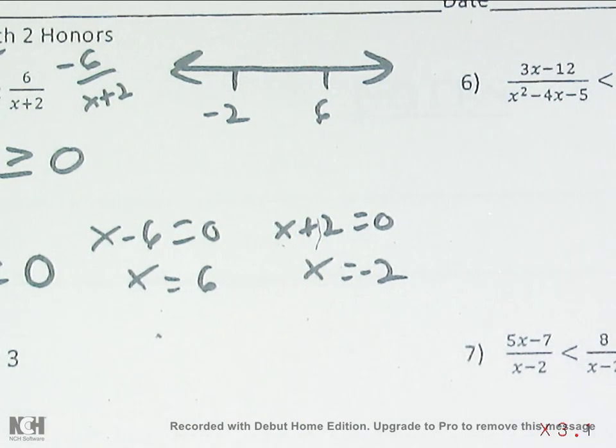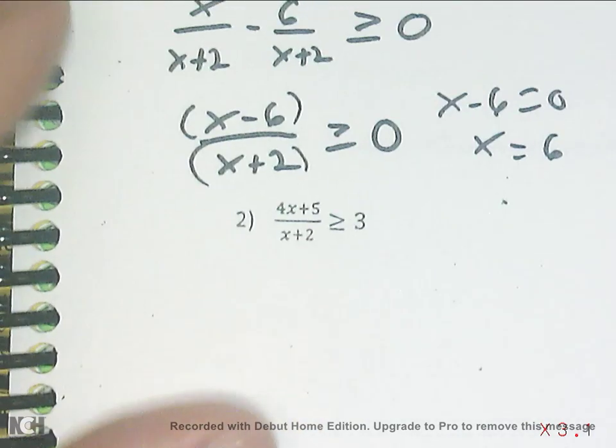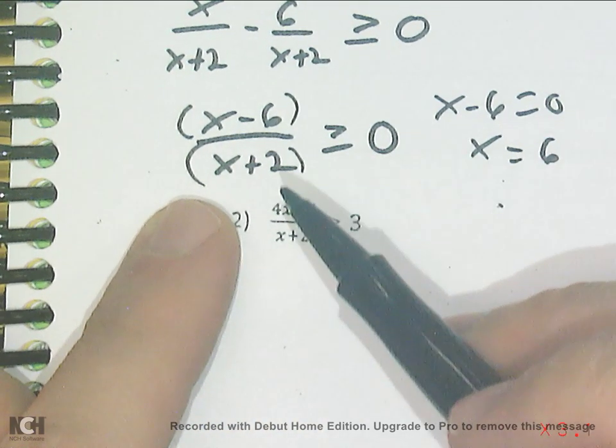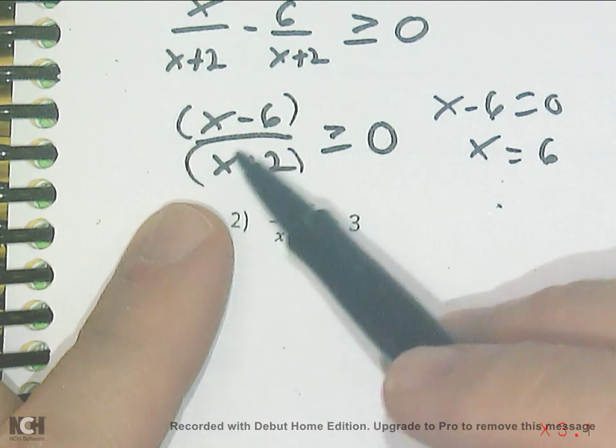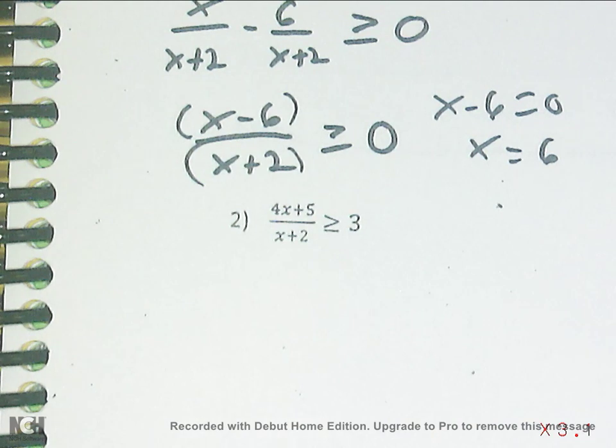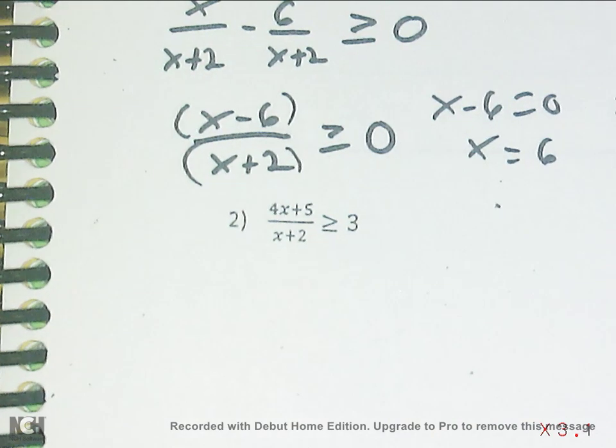However, there is an exception on these problems, because if I ever actually have a 0 in the denominator of a fraction, I would get an error. It's not possible. It's undefined.